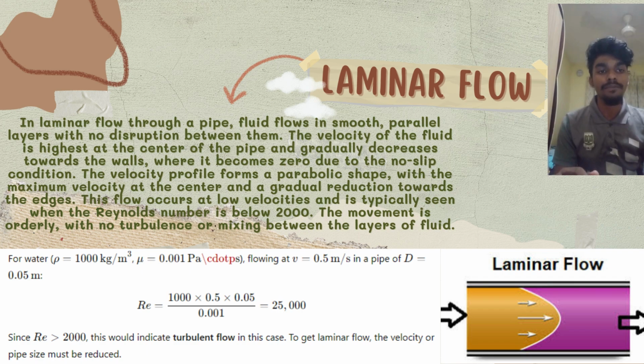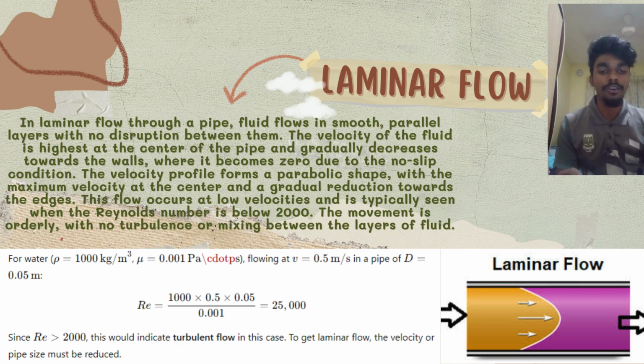The velocity profile forms a parabolic shape, with the maximum velocity at the center and gradual reduction towards the edges. The flow occurs at low velocities and is typically seen when the Reynolds number is below 2000. The movement is orderly, with no turbulence or mixing between the layers of fluid.